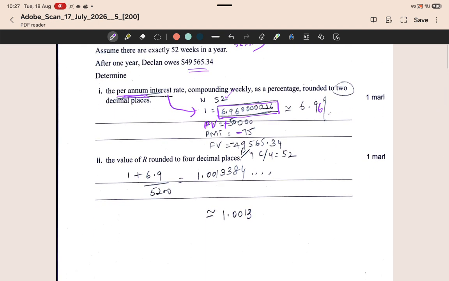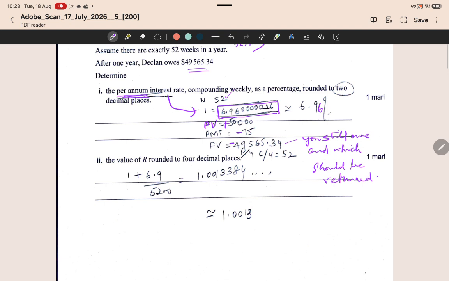What you have to be careful of in this question is to put the future value as negative, because this is money that you still owe and which should be returned. In other words, money should leave you.